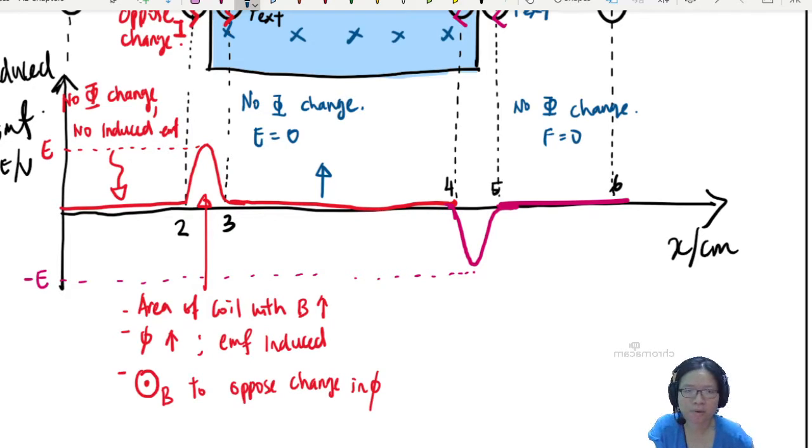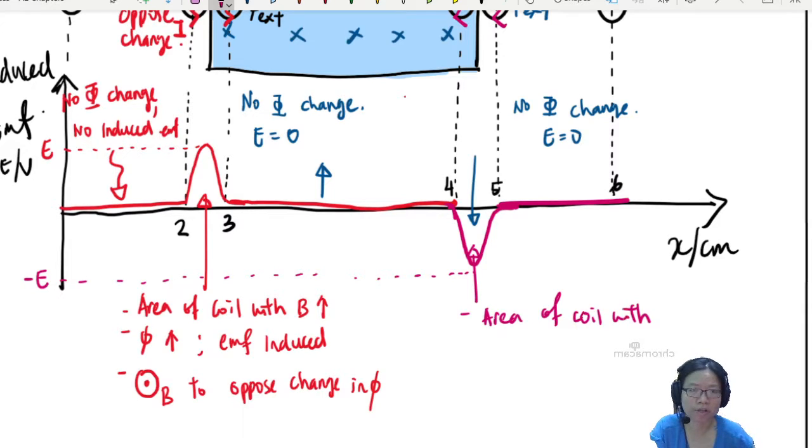Okay, what about this part here? This part, I'll use purple. I'll say that the area of the coil basically is the opposite of the red one.